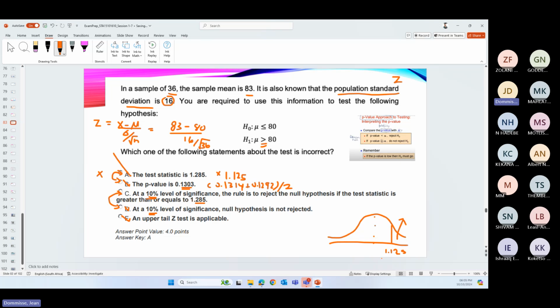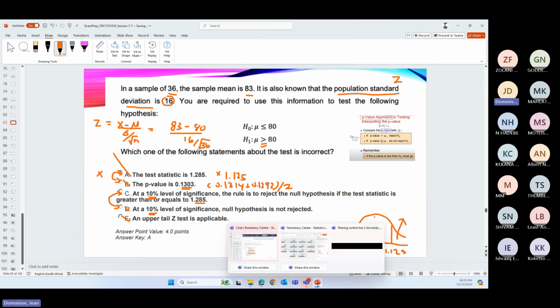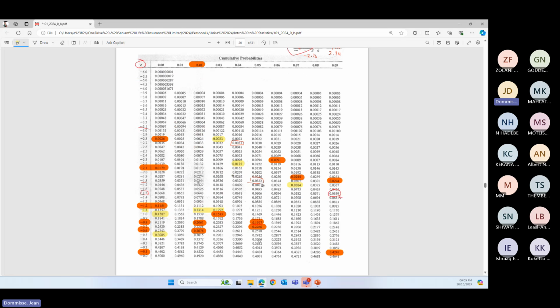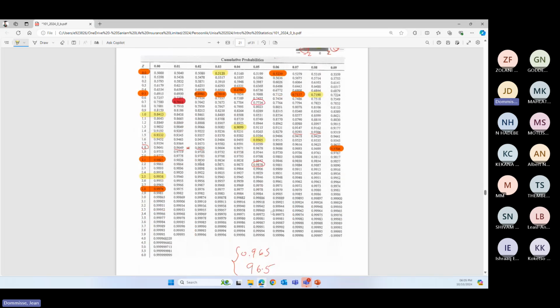On this scale, it would have been 0.9. So let's look at 10%, 0.9. Okay, so it's somewhere here. 1.28.